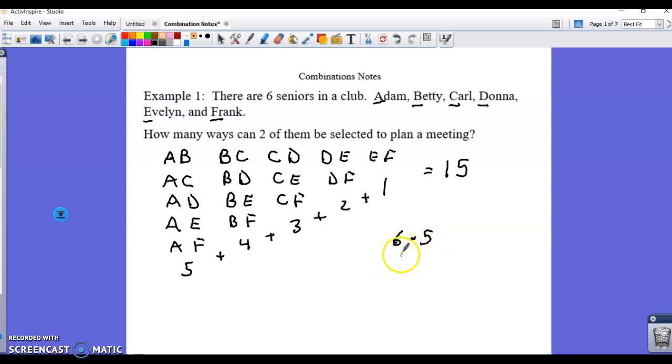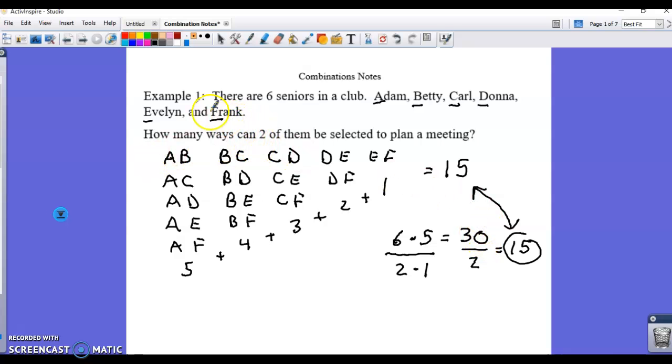Well, that's 30, but when you have two things, there are two ways to arrange them. The number of ways you can put two things in order is 2 times 1, which is 2. So if you take out all those redundant pairs, you'd end up with 15. Same thing.